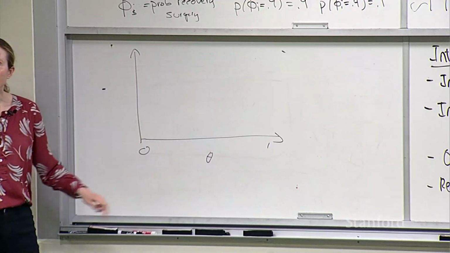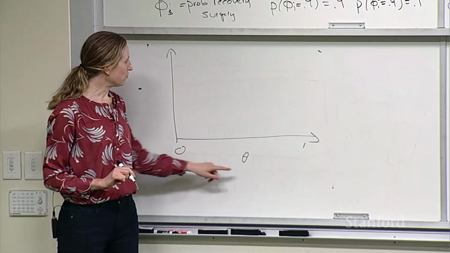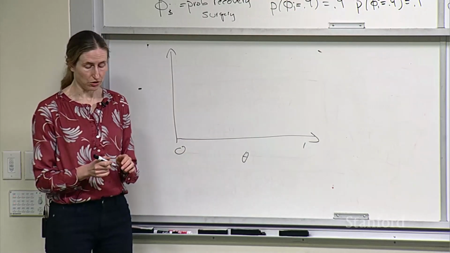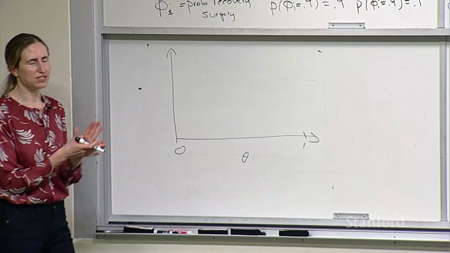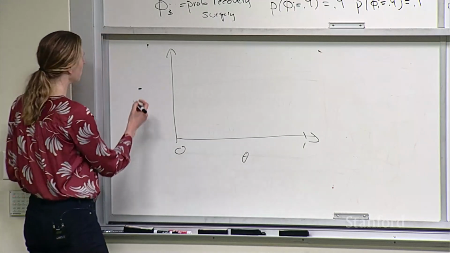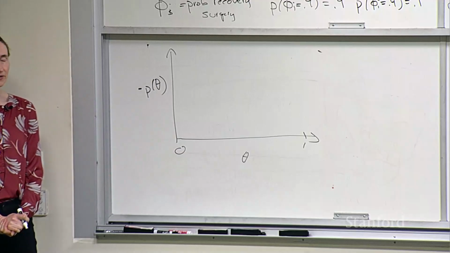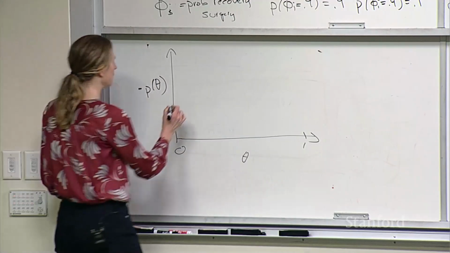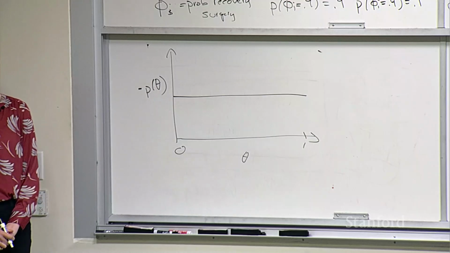We know that for a Bernoulli variable, the value for theta has to be somewhere between 0 and 1, because you can either always get 1 or always get 0 or somewhere in between. This is going to be the probability of theta, my prior. What a Beta(1,1) looks like is this, which is a uniform distribution.